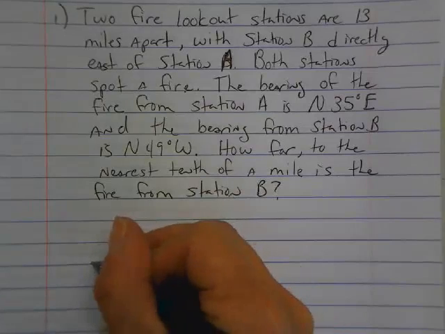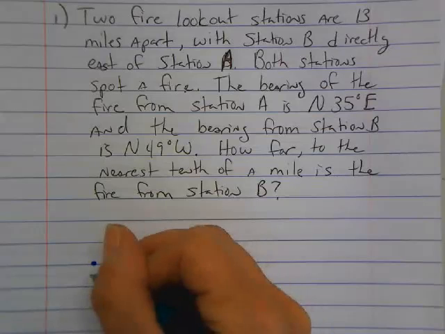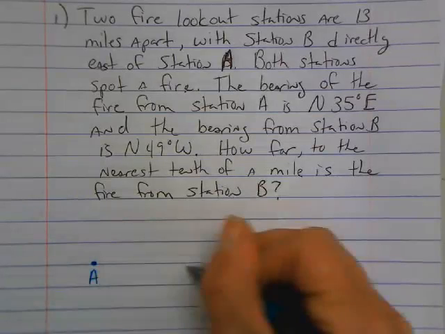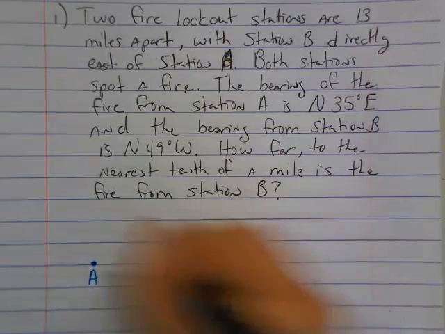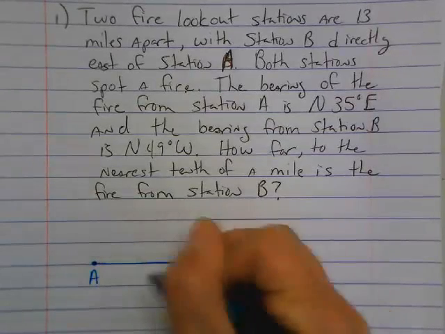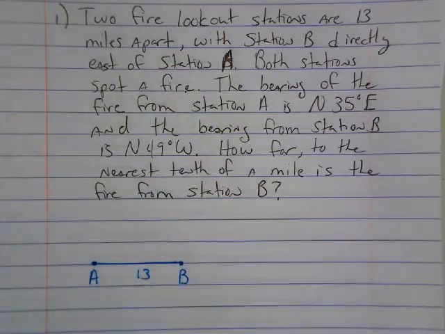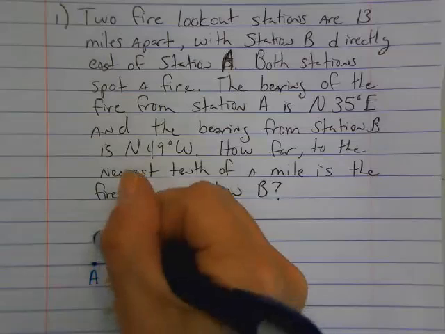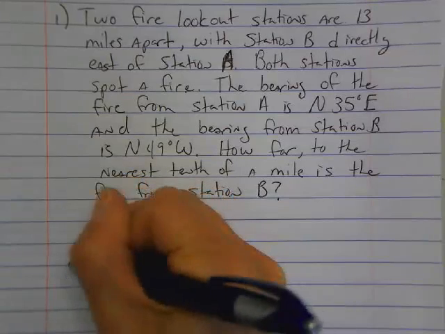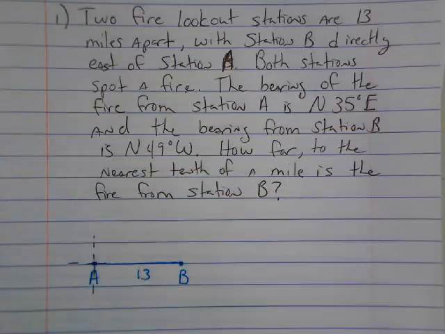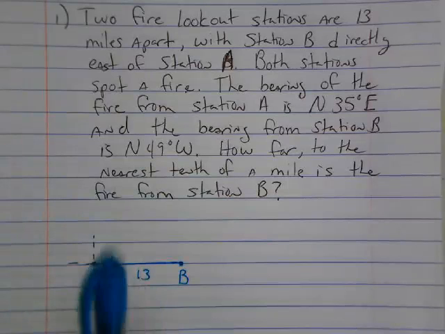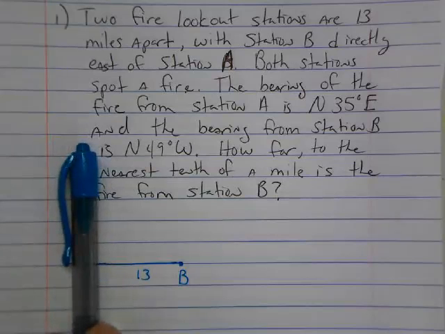So I have fire station A, and east of it I have fire station B. And I'm told that these are 13 miles apart. Now this is a bearing problem. So what I'm going to do is go to station A, and draw in my little compass. So I am north 35 degrees east.